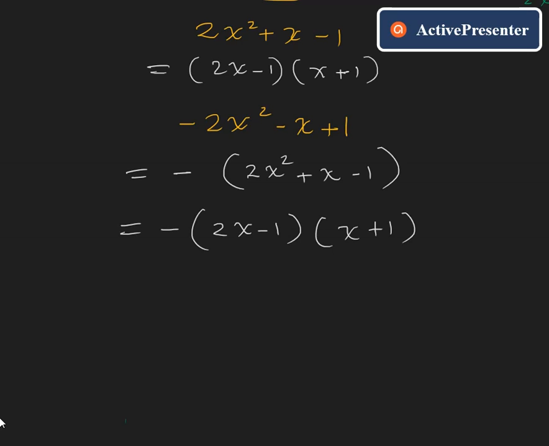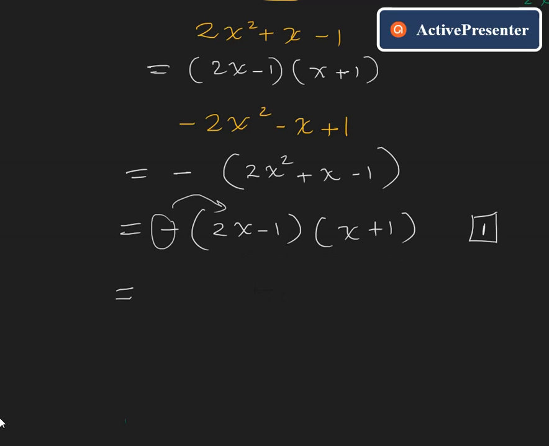Okay, if you want to get rid of this negative, okay, if you don't want, it's okay, fine. This is one way to write the answer. Another way, if we say we want to take the negative, so this negative we will multiply in one binomial from this product of two binomials.